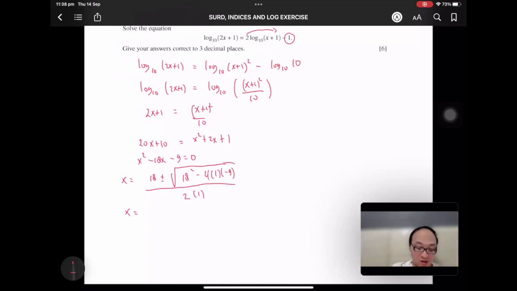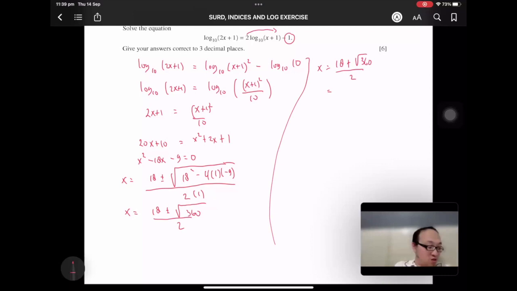So that means x is 18 plus minus the square root of 18 squared plus 36, so 360, over 2. That means x can be 18 plus root of 360 over 2.